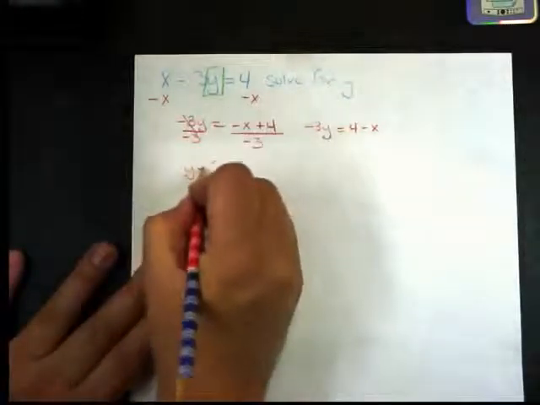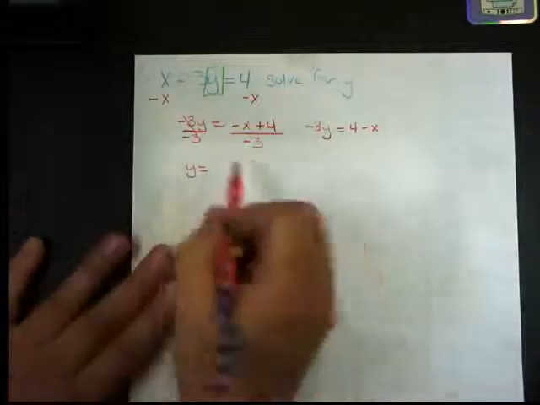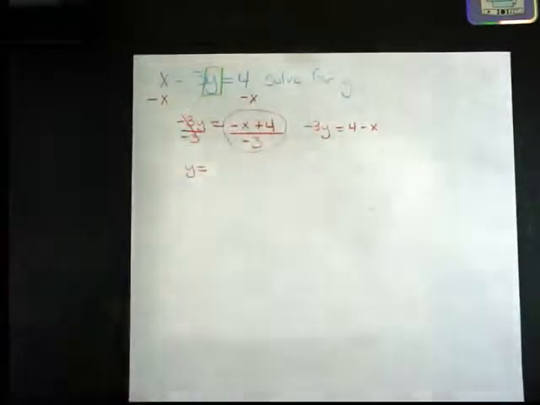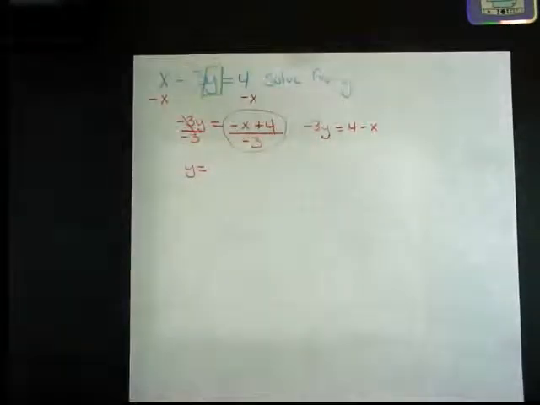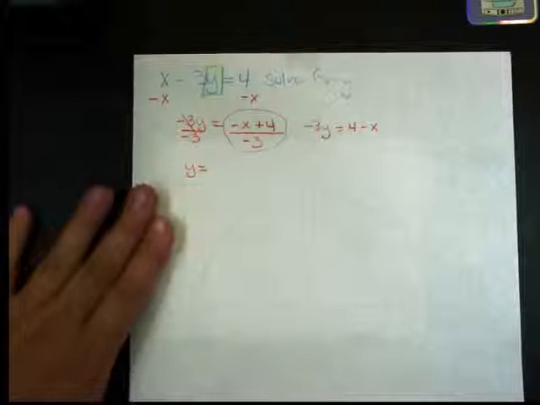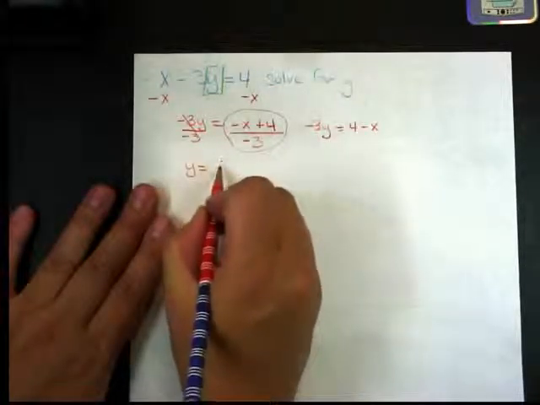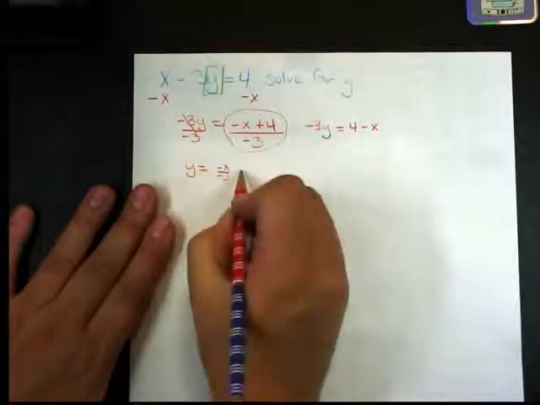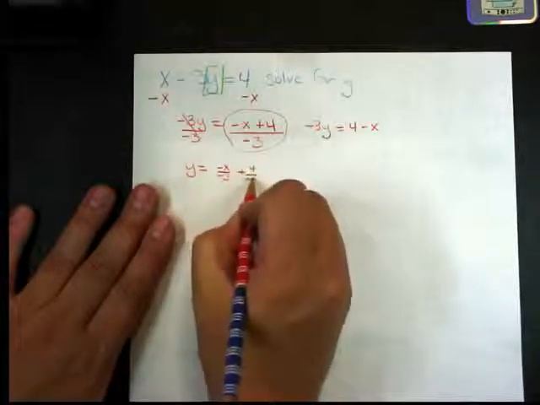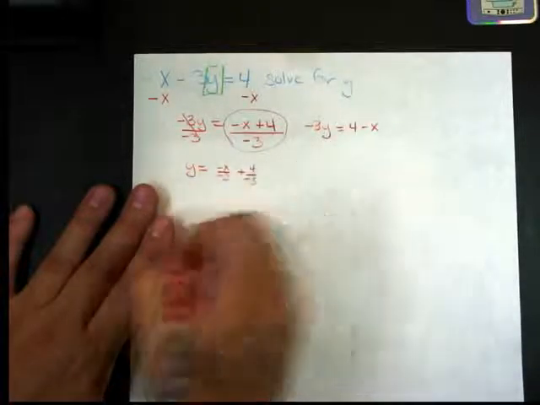So for this chapter, again, if you wanted to leave it as negative x plus 4 over negative 3, that's fine. But to get into the habit of what we're going to be doing next chapter, we would want to be putting in the proper form. Negative x over negative 3, plus 4 over negative 3, and then simplify that.